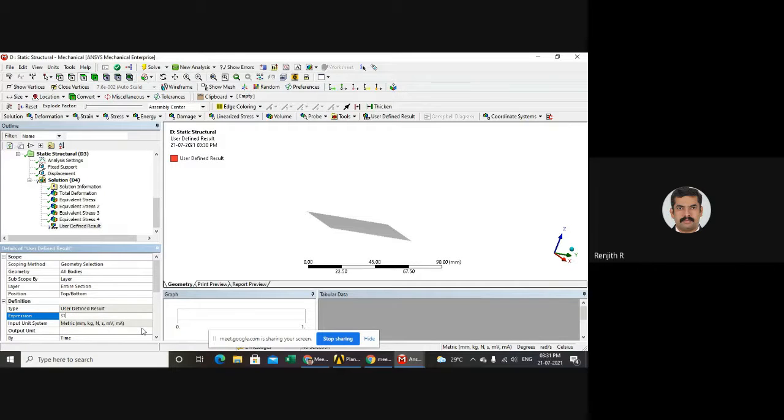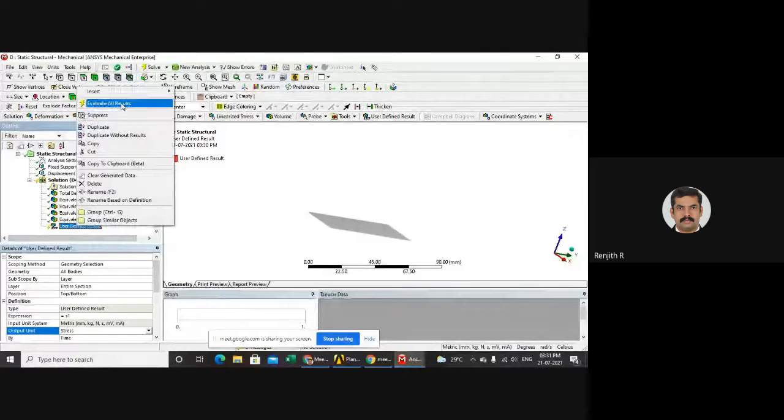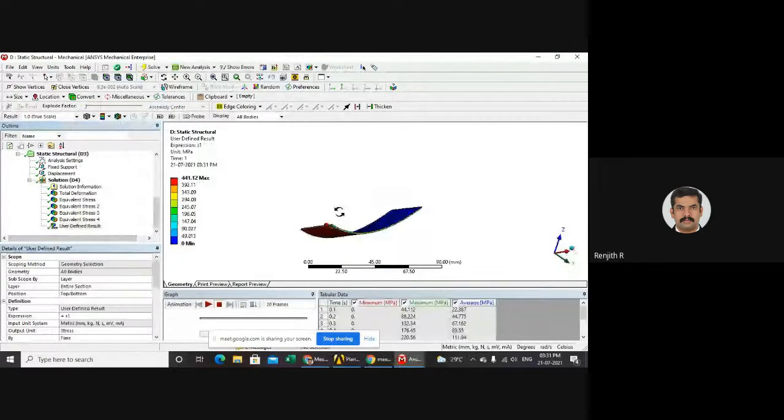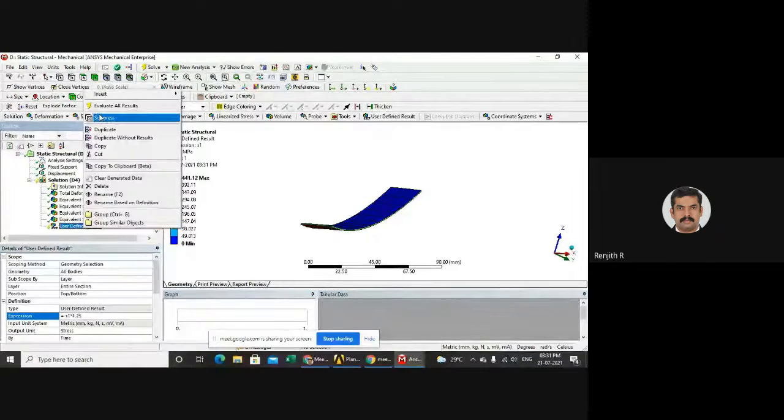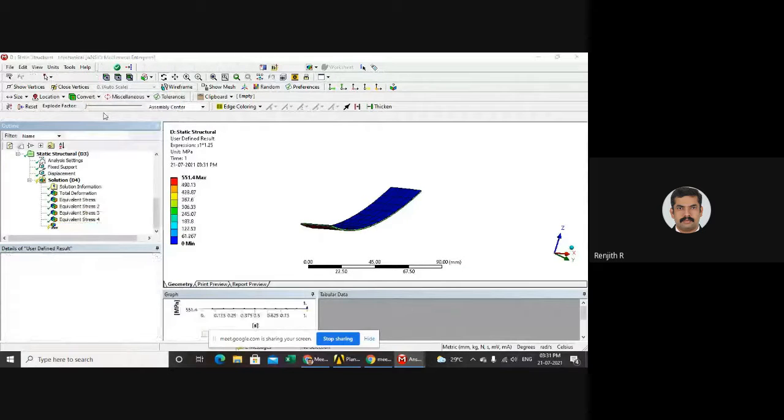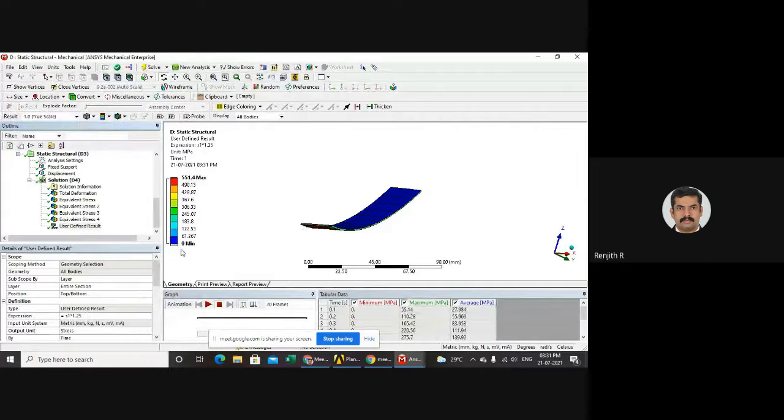S1 is a command for principal stresses, and output stress, 1 second, stress, and if I evaluate that, I'll get the principal stress output. So I can multiply this S1 with some value, for example, 1.25. So this will be an elevated, increased value.